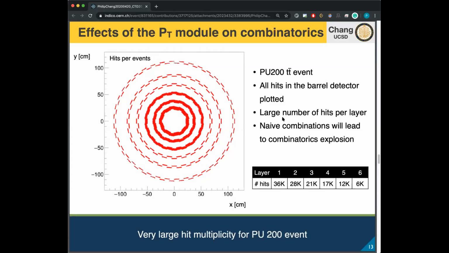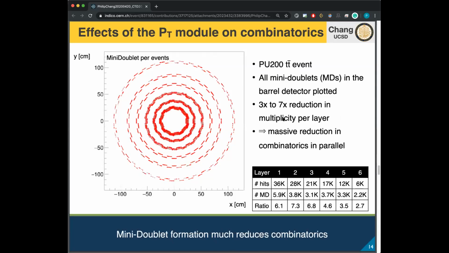But once you apply these mini-doublet selections, as I've explained in slide 12, slide 14 shows you the mini-doublets deposited in this same event once you select the 1 GeV threshold and suppress the hits that are left by the tracks that are below 1 GeV.